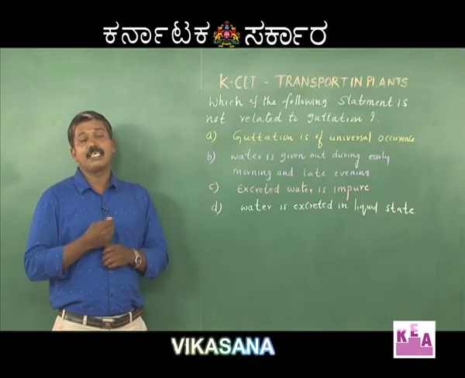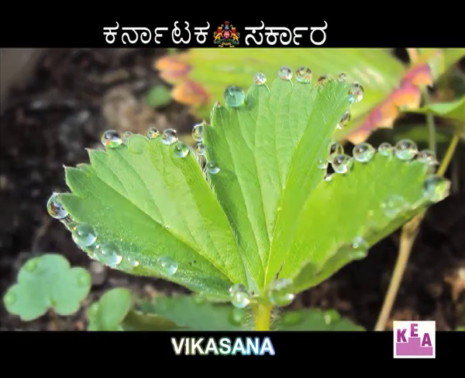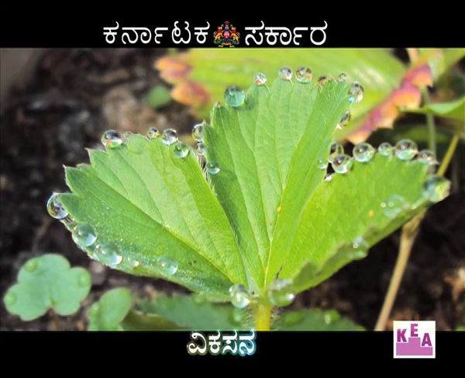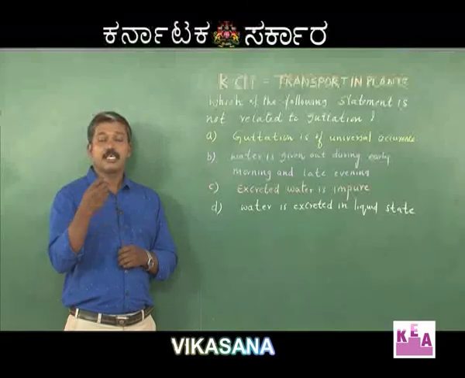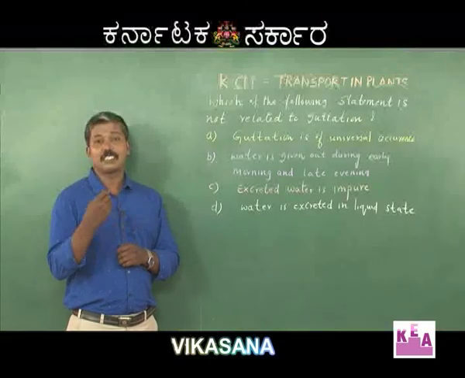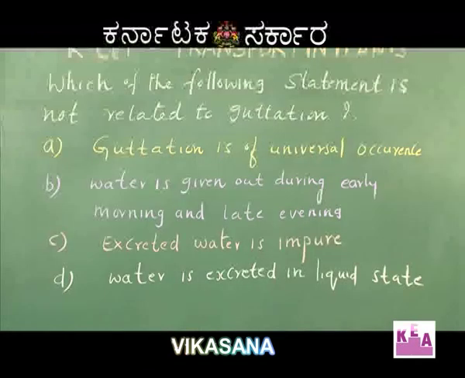So as we know, guttation is the loss of water in the form of liquid from the tip of the leaf and margin of the leaf. This guttation process involves specialized structures, hydathodes. And when we look into the options, guttation is of universal occurrence.